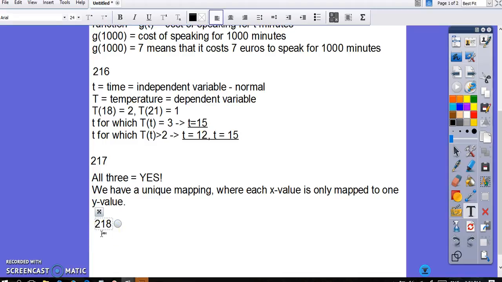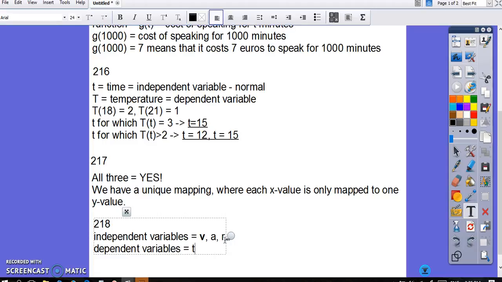So, in 218, the table should be completed as the independent variables in order are V, A and R. Now this first one with V, this is a little bit of a strange one because that has a dependent variable of time t.